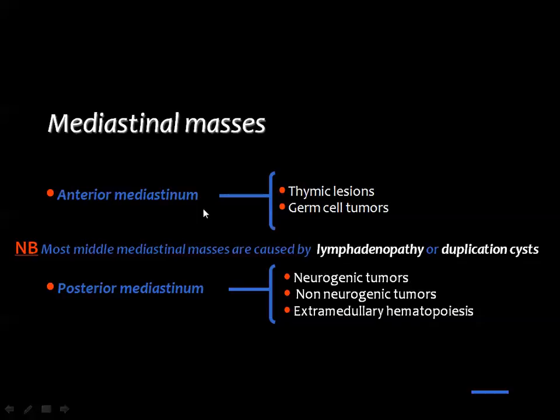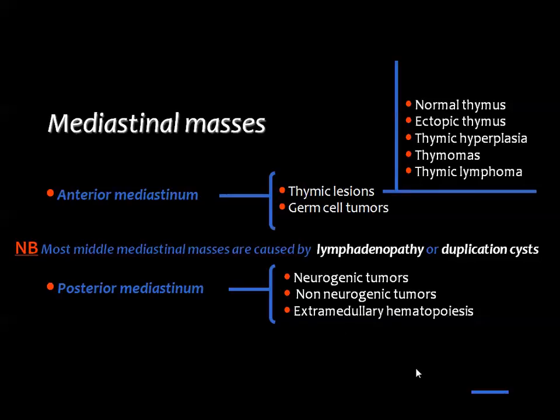Then we come to the mediastinal masses. In the anterior mediastinum, you can see thymic lesions and germ cell tumors. The middle mediastinum is usually represented by the presence of lymph nodes and the cysts we have discussed before. Then the posterior mediastinum, you get neurogenic tumors, non-neurogenic tumors, and extramedullary hematopoiesis.